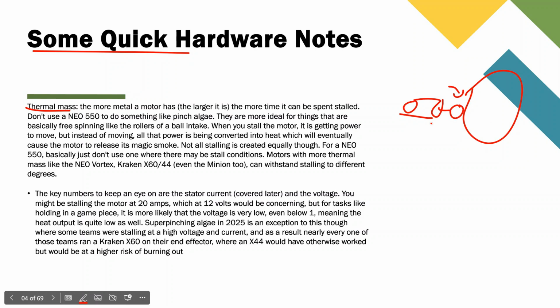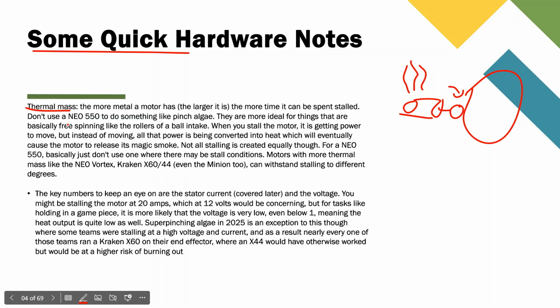It's not letting that motor spin, and that can cause it to heat up. How much heat that motor can withstand is called thermal mass. Certain motors can handle this extra heat a lot better than other motors.